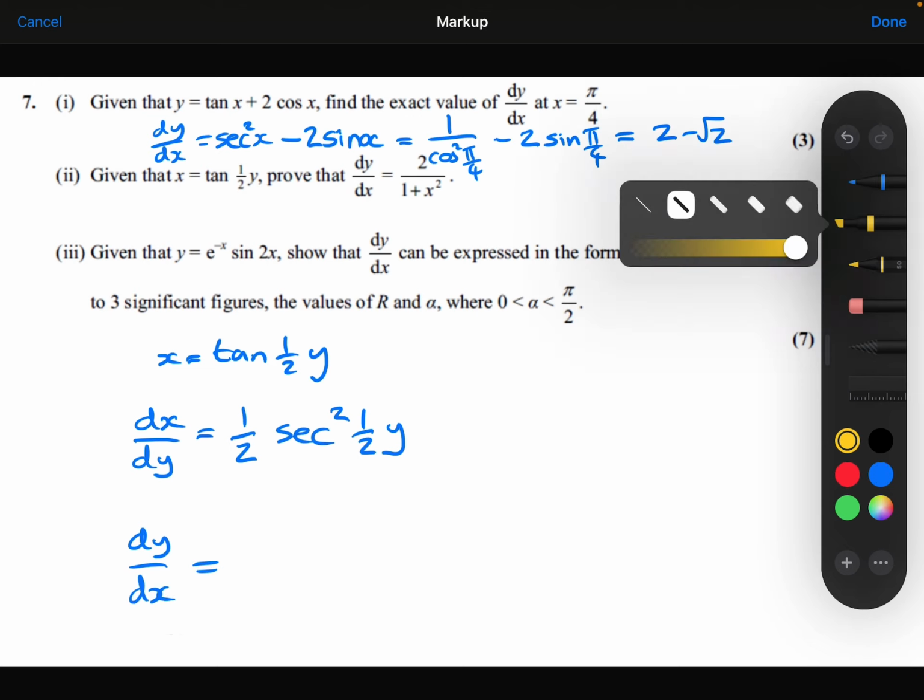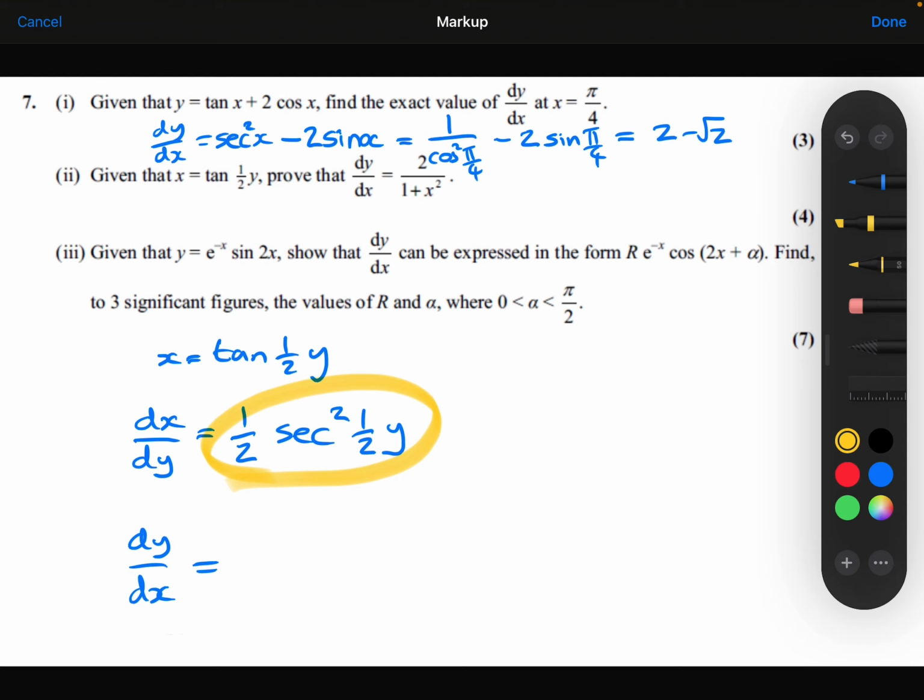Now, the way this is currently written, it might be quite awkward for you to see what the reciprocal is going to be. So instead of writing it like that, I'm going to rewrite it like this, just so it's a bit clearer. Obviously, 1/2 sec squared half y is exactly the same as me saying sec squared half y over 2.